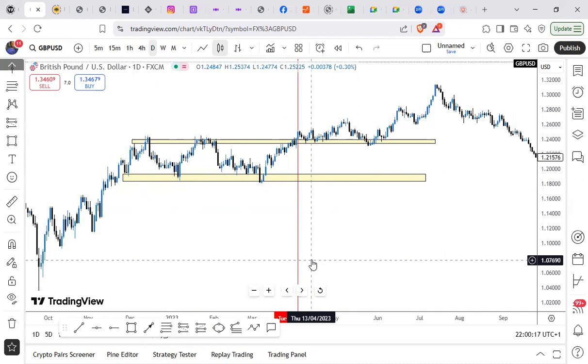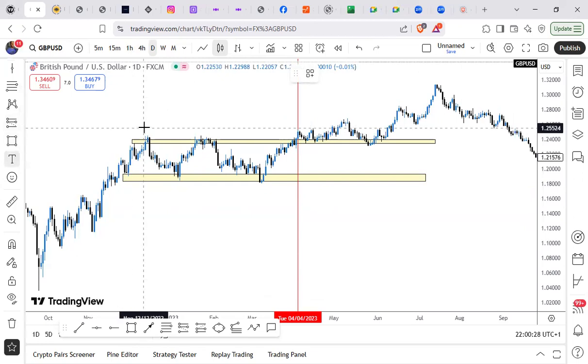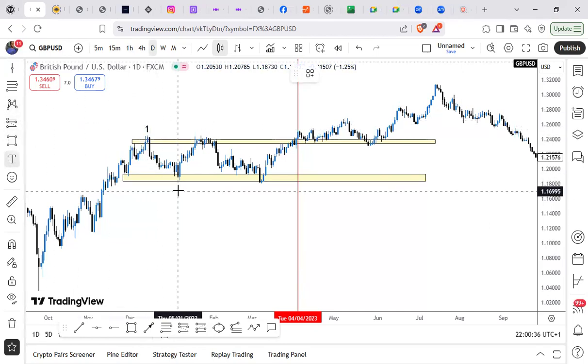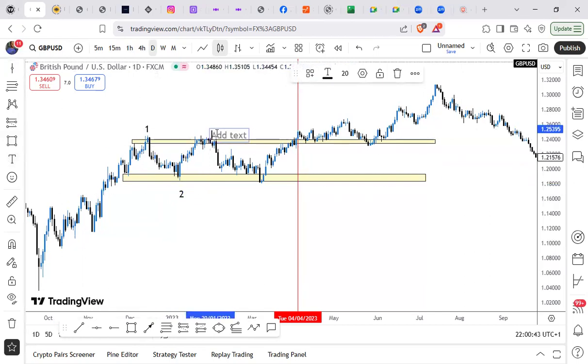Okay, before the red line, the first line is the resistance line, while the down line is the support line. Then after the red line, the up line is the resistance, while the down line is the support. No. Okay.